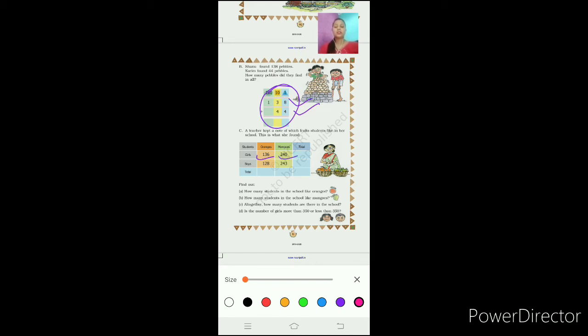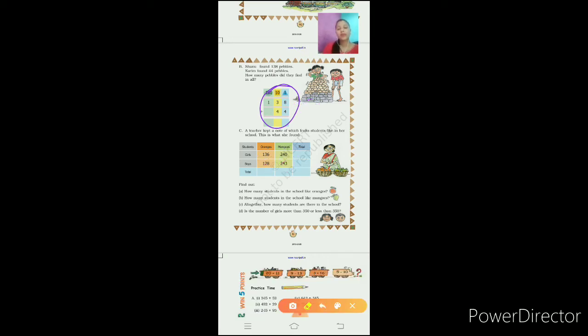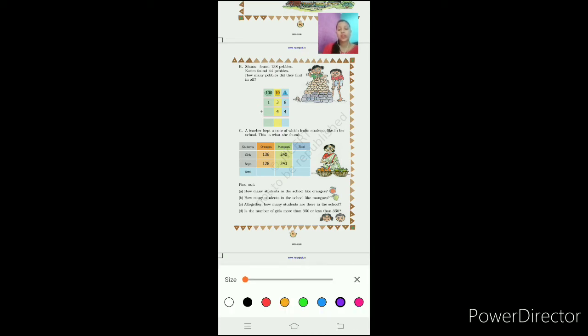And oranges liked by 128 boys and mangoes by 243 boys. 136 गर्ल्स जो हैं वो ऑरेंजेस को लाइक करती हैं फ्रूट्स में और मैंगो को 240 गर्ल्स करती हैं. 128 बॉयज़ जो हैं आपके वो ऑरेंज लाइक करते हैं और जो आपके 243 बॉयज़ हैं वो मैंगो को पसंद करते हैं. So now just check question number A.